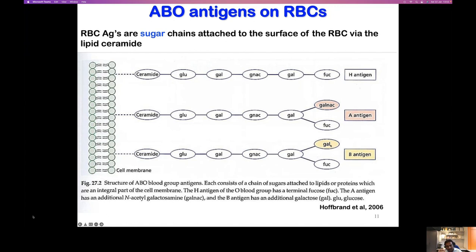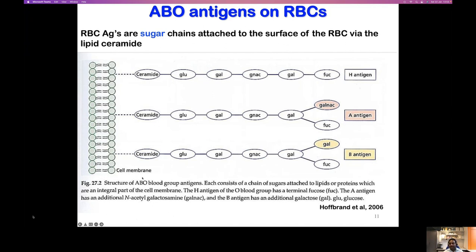One is fucose, as in O blood group people, and the other sugar molecule is galactose. So in A blood group, people will have N-acetyl galactosamine. Here in B blood group, people will have a galactose sugar molecule. That's a huge difference between A and B. So if somebody has these sugar molecules, their blood will be considered as B blood group.